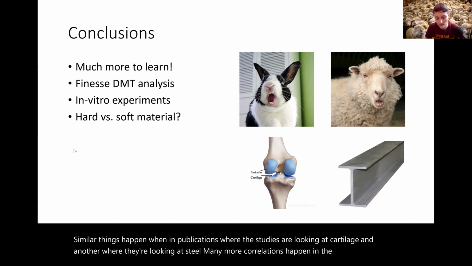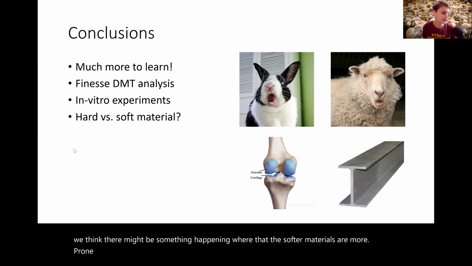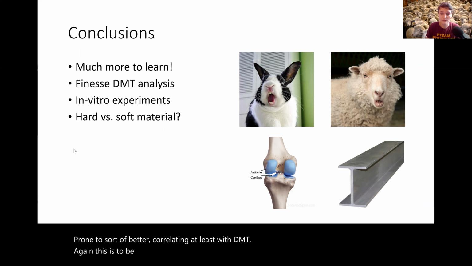We think there might be something happening where softer materials are more prone to better correlating, at least with DMTA. Again, this is to be explored, and it's only a hypothesis. So overall, we need to work together to achieve a better understanding of these processes.